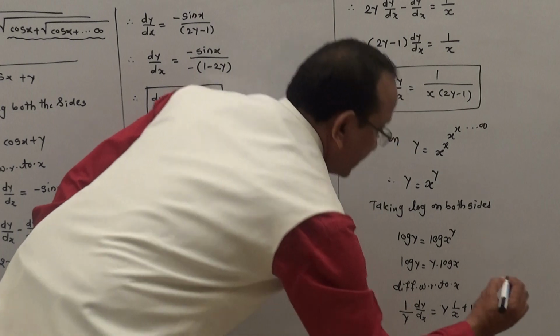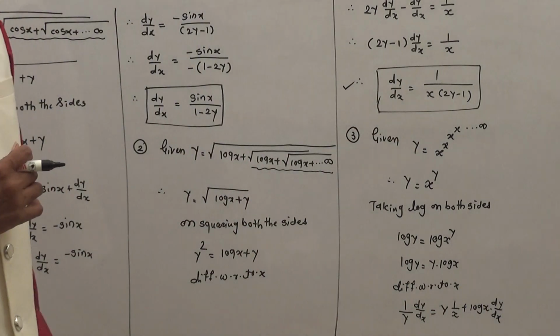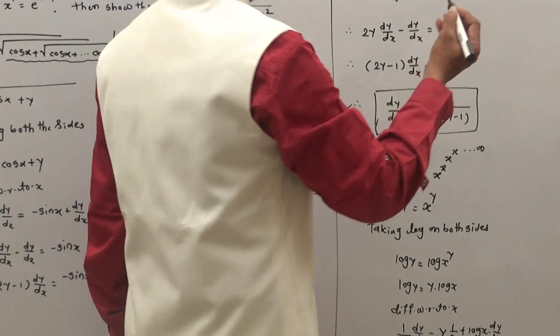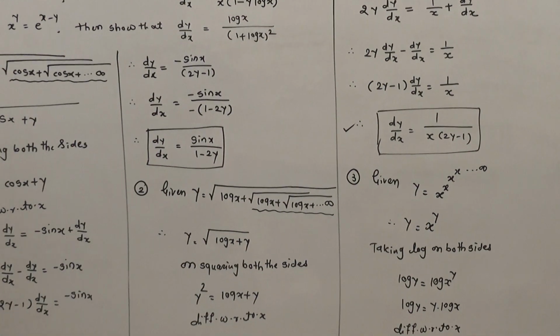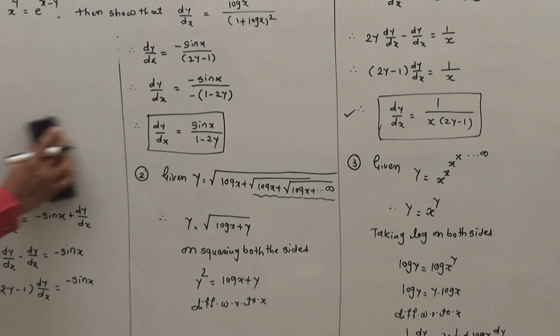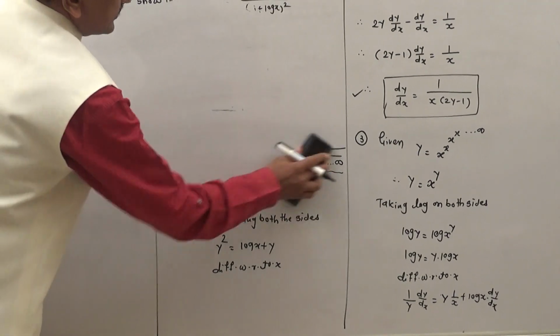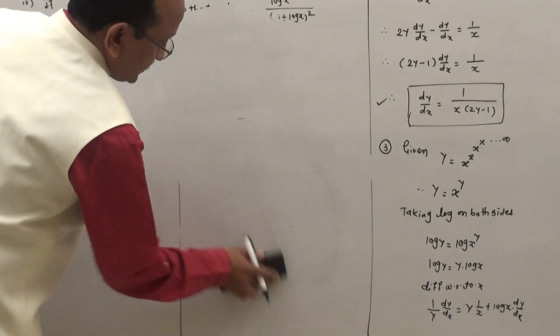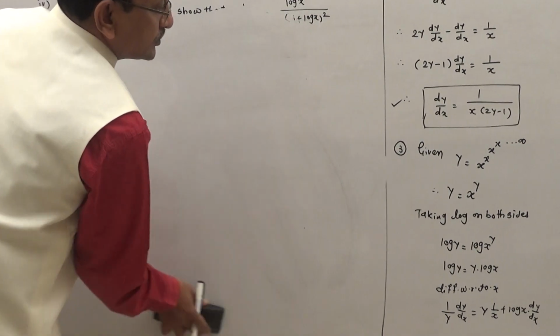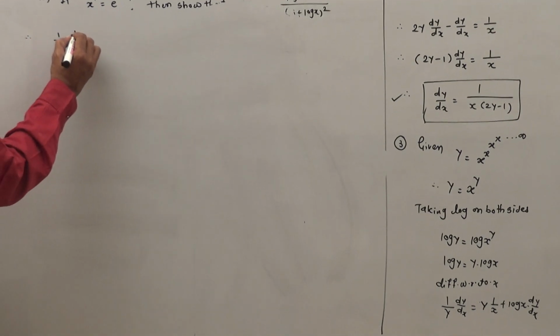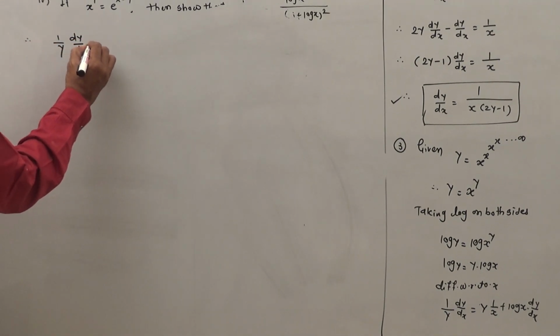By implicit function, take terms involving dy by dx on one side.